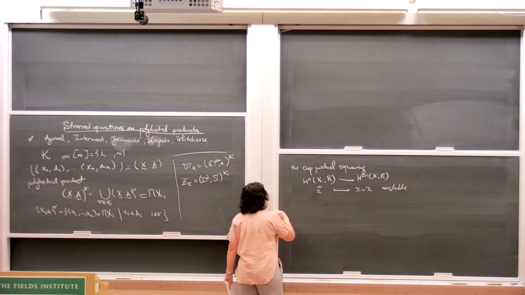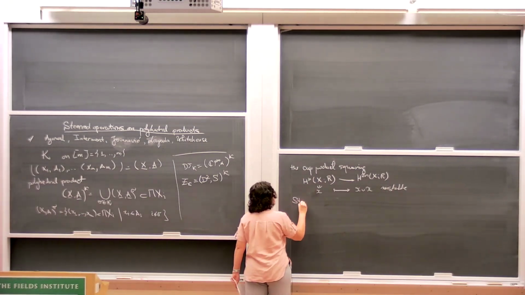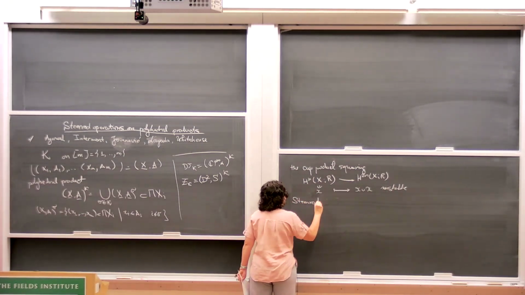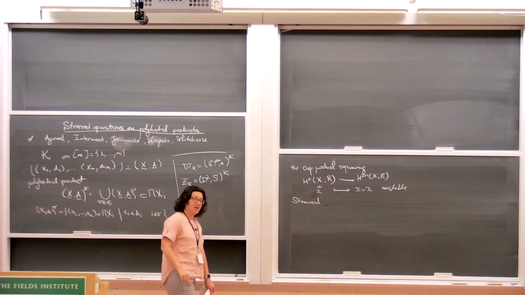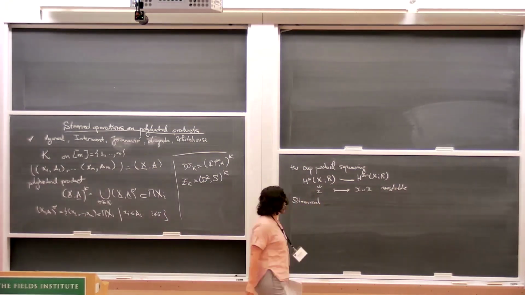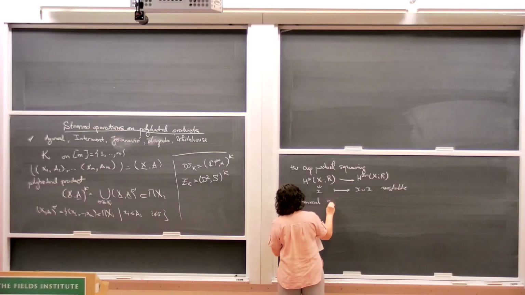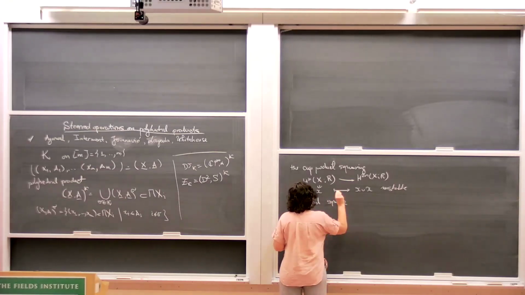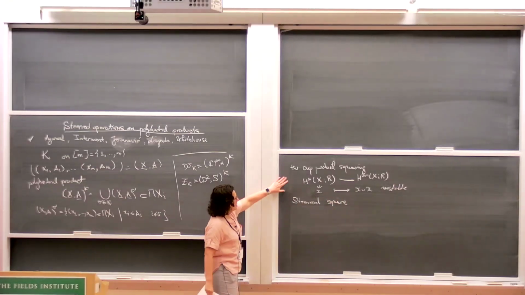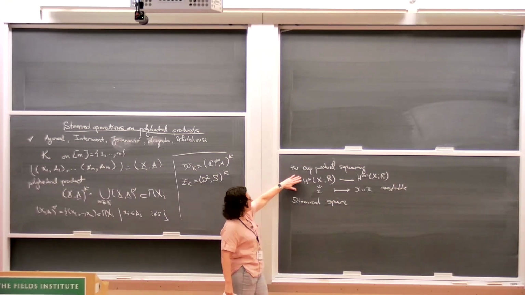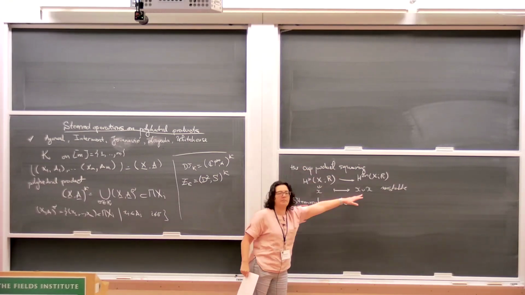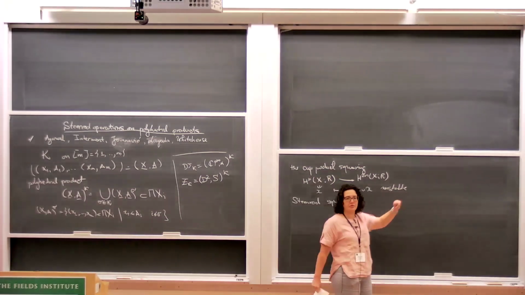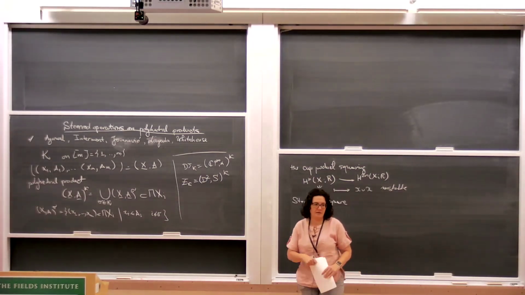So Steenrod then defined his operations, the Steenrod squares, by really looking to have some kind of squares, but wanting them to be stable rather than unstable.